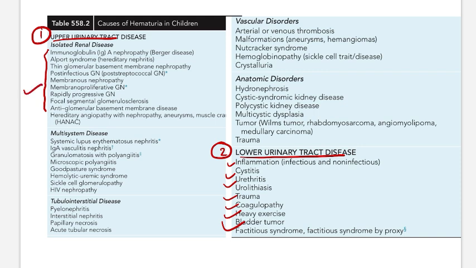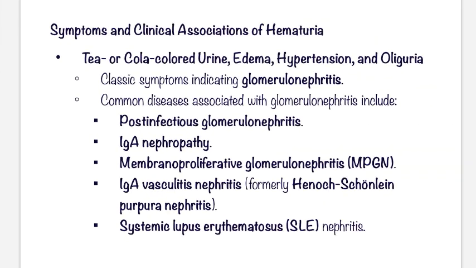In multisystem disease, SLE, IgA vasculitis nephritis, granulomatosis with polyangiitis, Goodpasture syndrome are part of it. Tubulointerstitial disease like pyelonephritis and papillary necrosis are also part of this. Vascular disorders like arterial and venous thrombosis, malformation, and anatomical disorders like hydronephrosis and polycystic kidney disease. So this looks exhaustive, but this table is very simple.